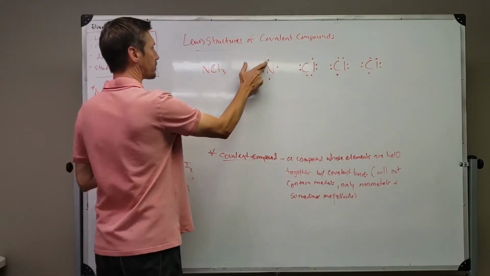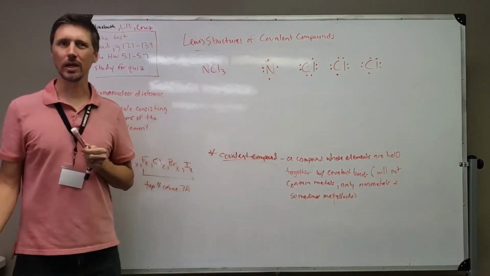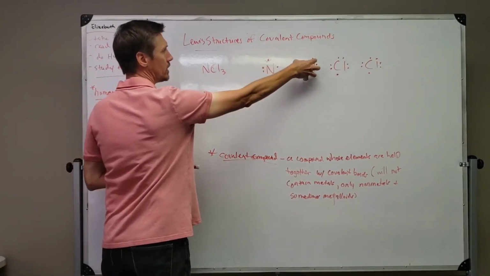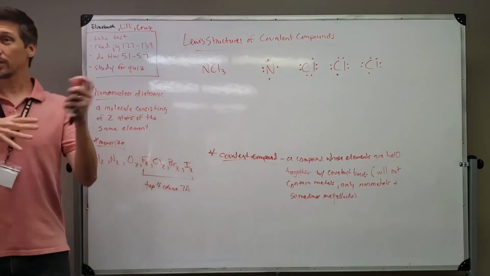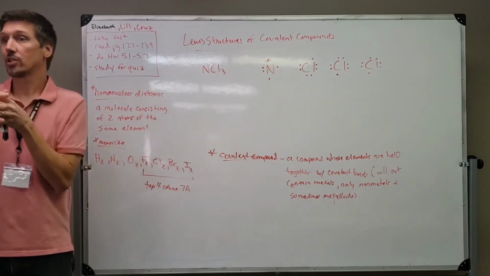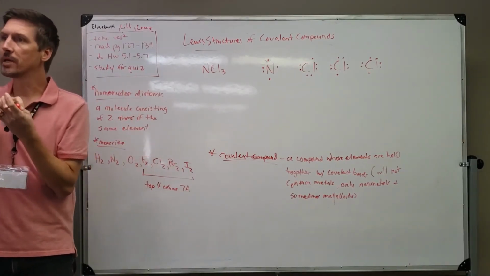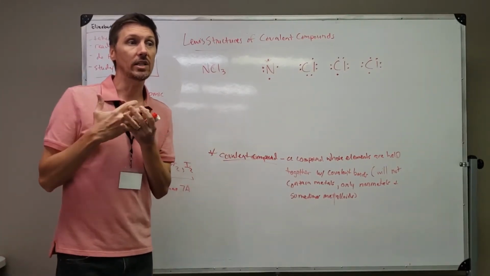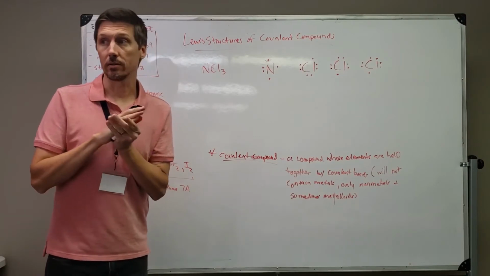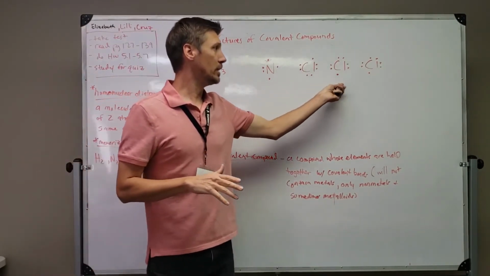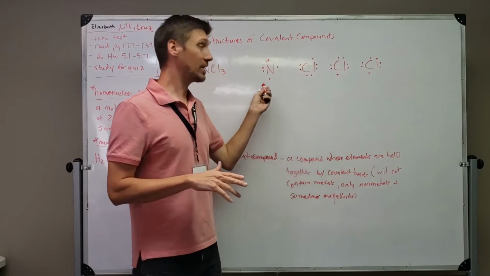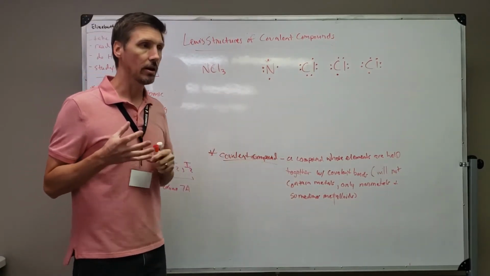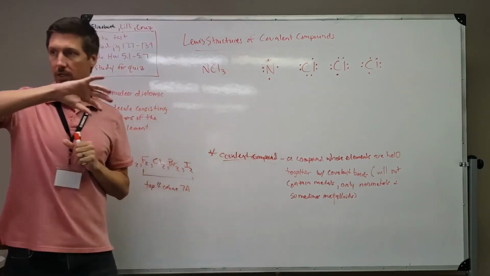It's kind of like a puzzle, right? Usually when you're drawing these Lewis structures, there's going to be a central atom in the middle of your Lewis structure. Usually that's going to be the atom that needs the most electrons to be ideal. Each of these Cl atoms only needs 1 electron to be ideal. The nitrogen needs 3, so we're going to think about him being in the center, with the Cl atoms hanging off of him.